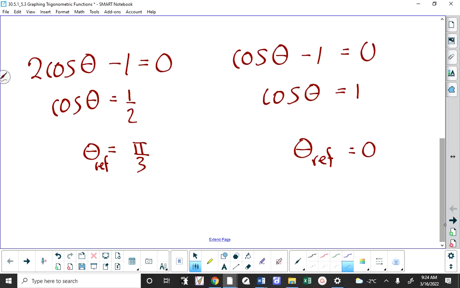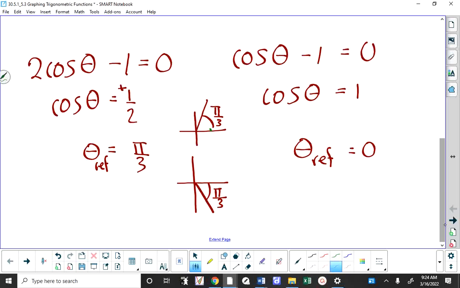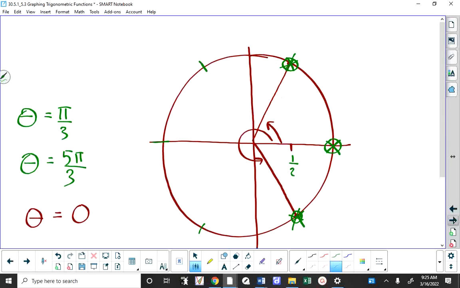And then you say, since cosine was positive, we're going to draw a reference angle of pi over 3 in quadrant 1 and quadrant 4, because those are the two quadrants where cosine is positive. And then you say, what's this rotation angle? Pi over 3. What's this rotation angle? 5 pi over 3, which is what we had here.